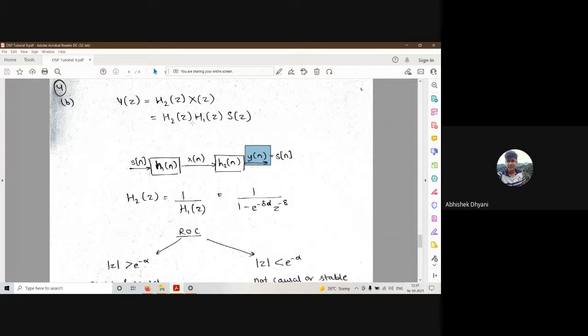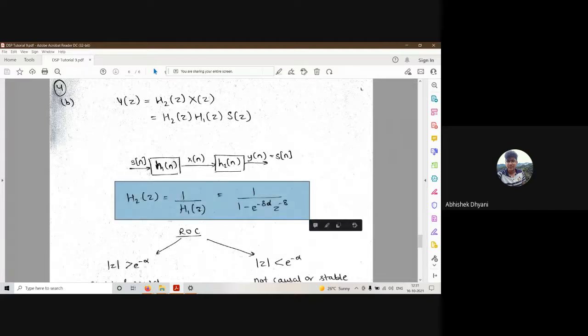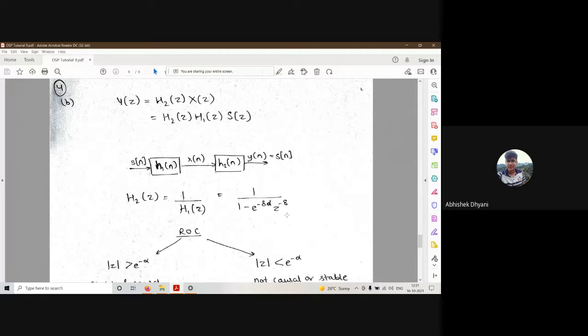Now I want H1(z) to be the inverse of H2(z), so that this part cancels out and I get Y(z) equals S(z), or equivalently y of n equals s of n. So that's why I have selected H2(z) to be the reciprocal of H1(z), which will be this part.